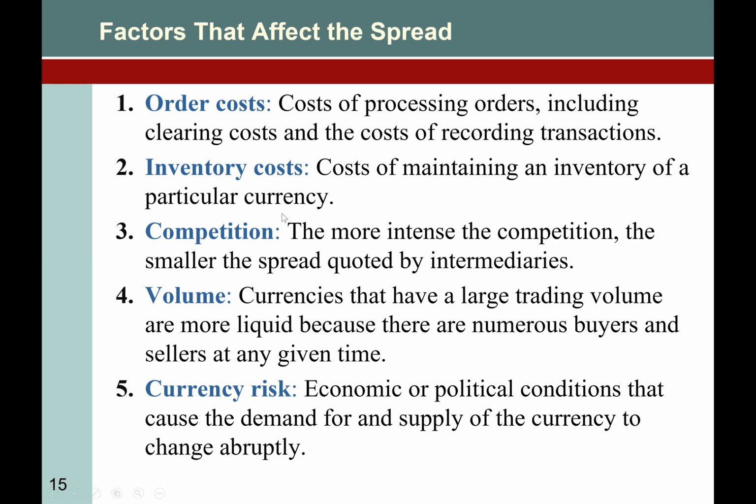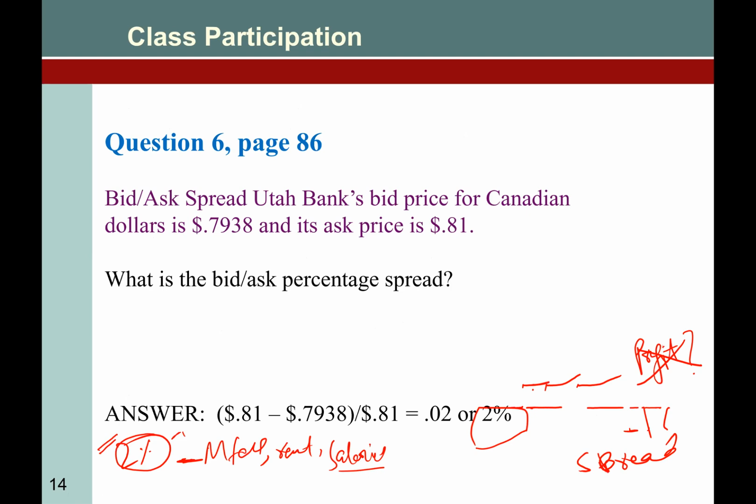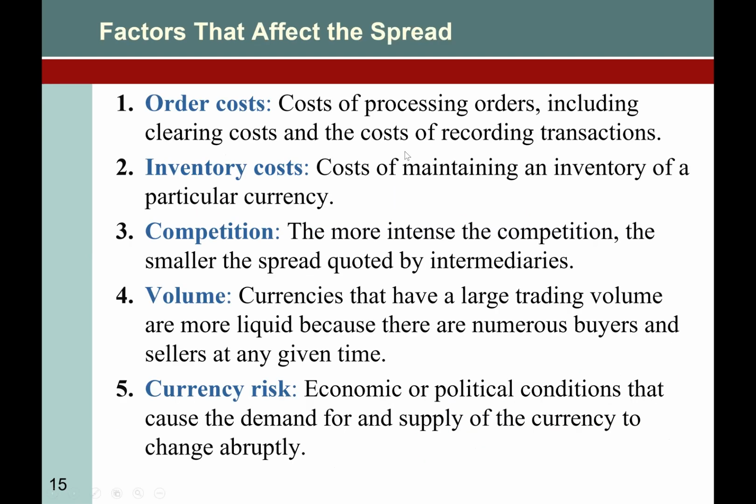Okay, now the factors that affect the spread. Factors that affect these 2%. Here we go. Number one, order costs. So cost of processing the order includes clearing cost, cost of recording the transactions. It's not like you just do that in a matter of seconds and everything is done.